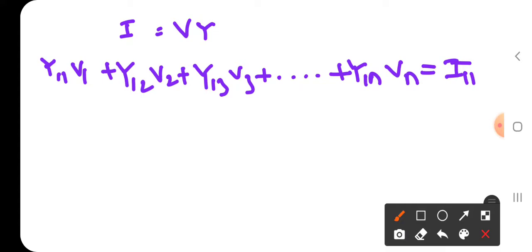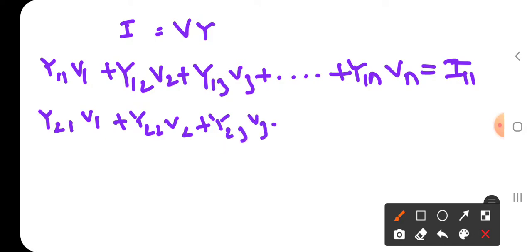If I take the same thing for the second node, it is y21 V1 plus y22 V2 plus y23 V3 plus so on plus y2n Vn. This is I22.